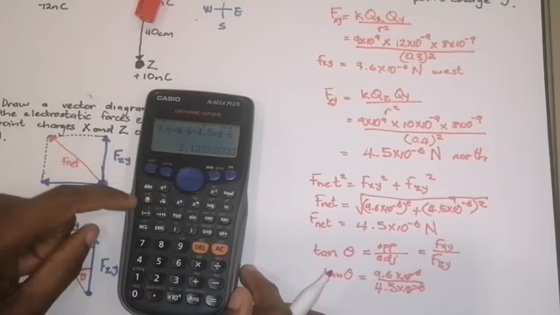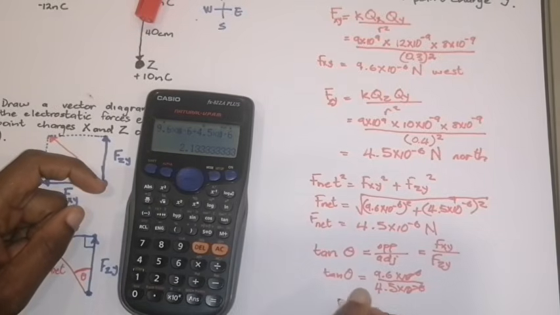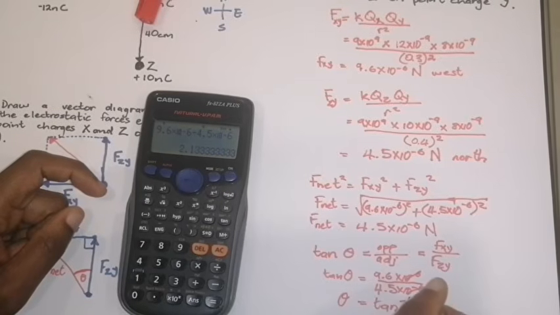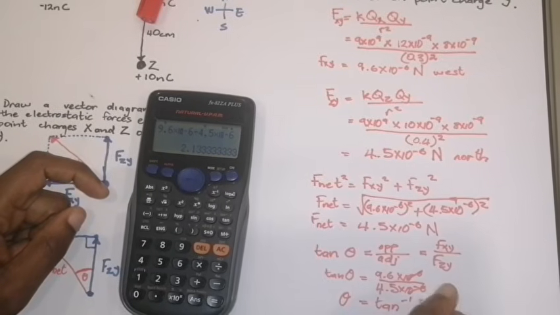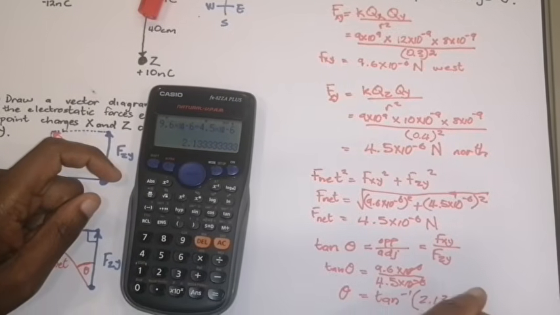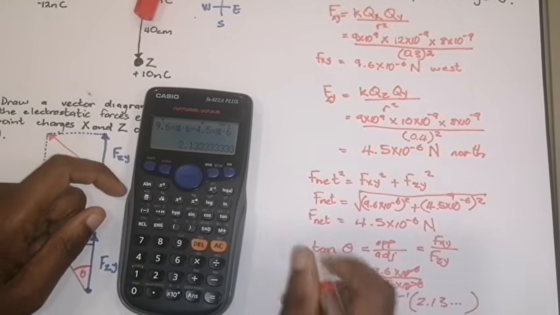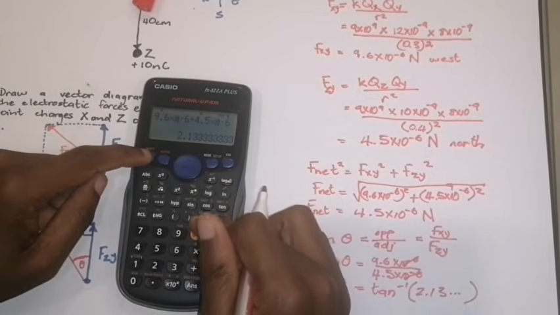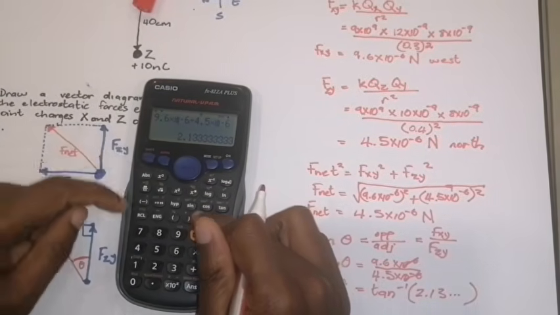Remember, I'm looking for the angle, so the angle is the inverse tan of those two values, 2,133 recurring.